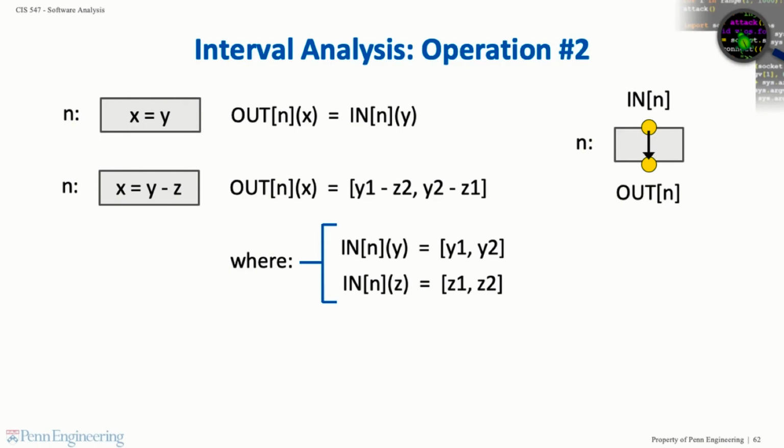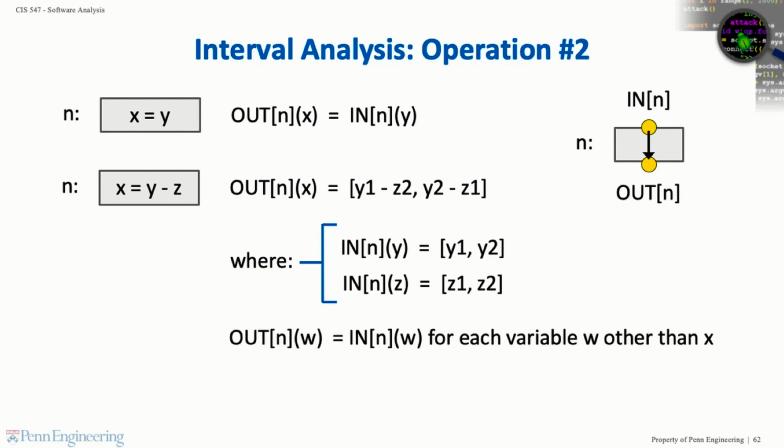Suppose those intervals are y1 to y2 and z1 to z2 respectively. Then the lower bound of x is set to the lower bound of y minus the upper bound of z, that is y1 minus z2, and the upper bound of x is set to the upper bound of y minus the lower bound of z, or y2 minus z1.